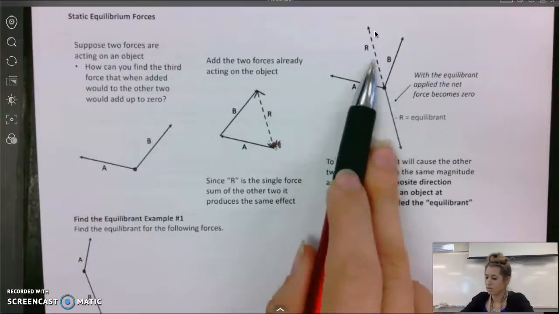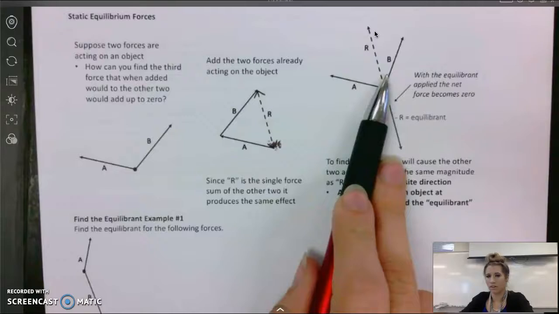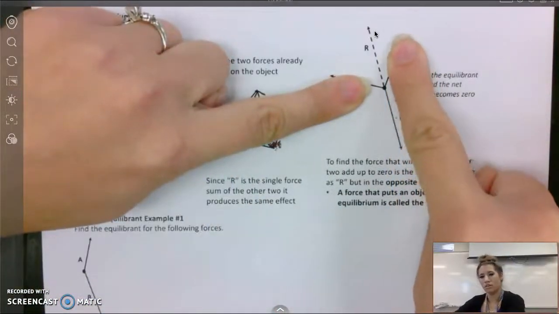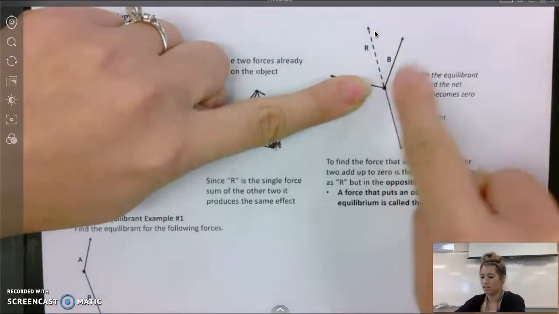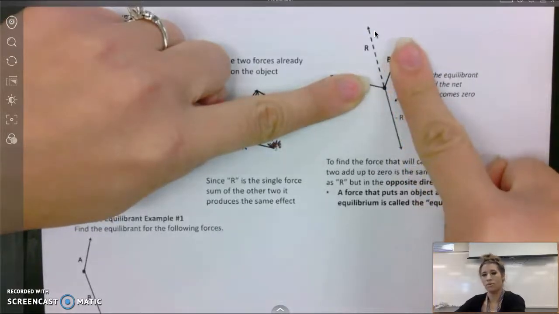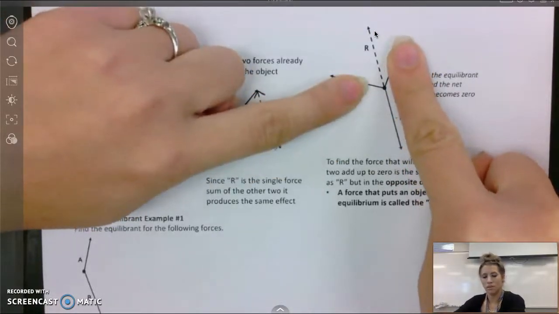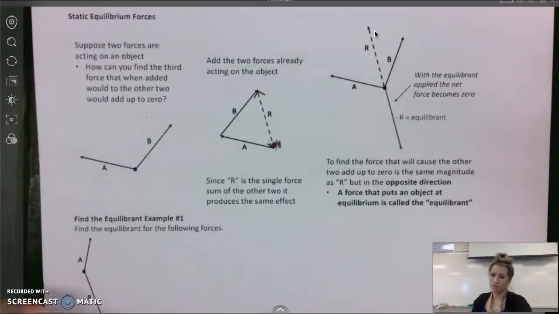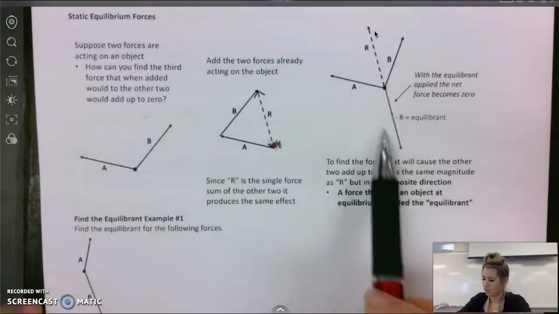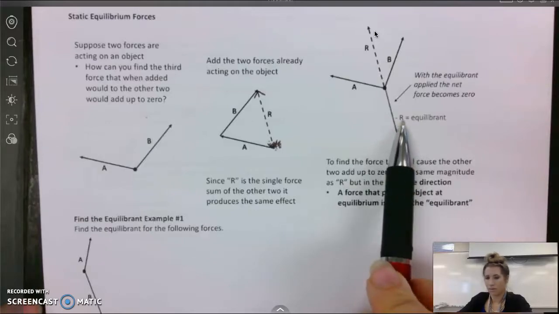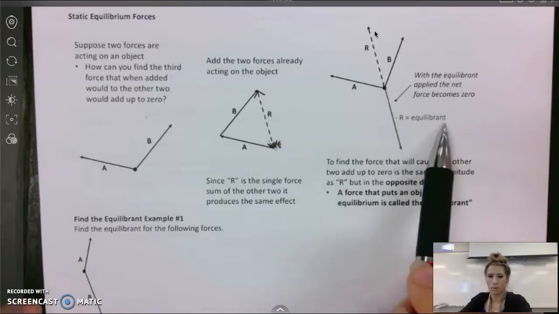Because remember, this resultant is A and B added together. So we better have a force that's equal in magnitude and opposite in direction so that the sum of the forces equals 0. Okay?